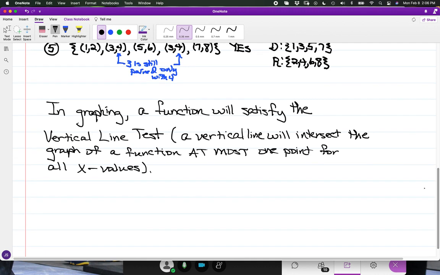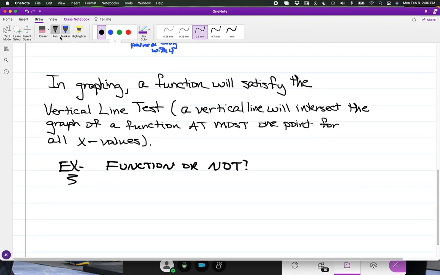And this might seem a bit wordy, but just to bring it to life, say you want to determine whether the graph is going to be a function or not. I'm going to do some quick sketches.